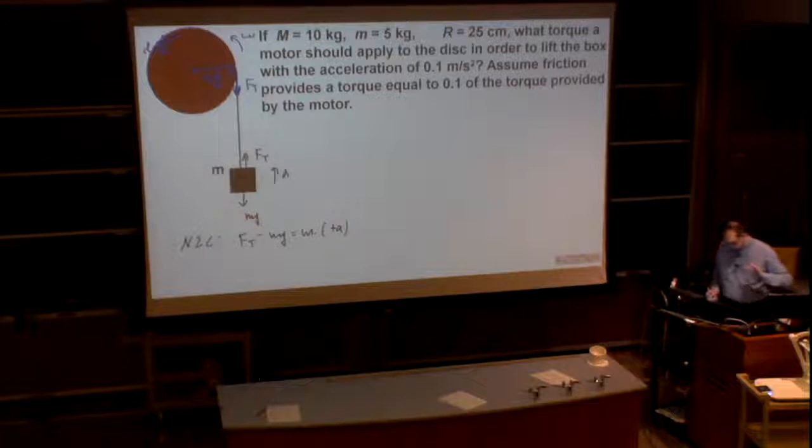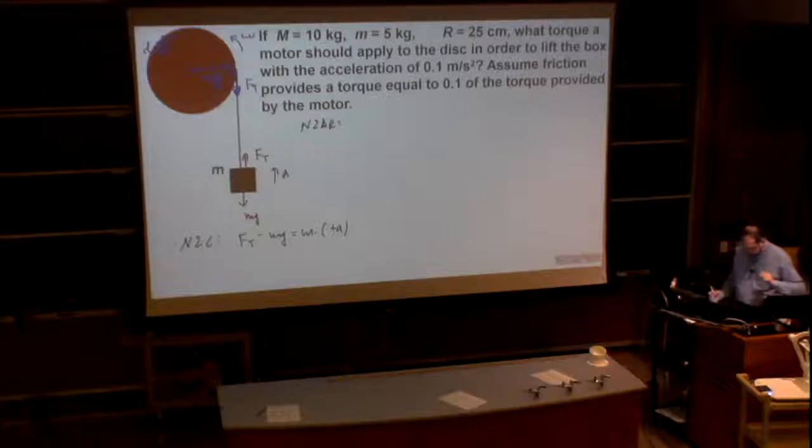Okay. Now Newton's second law for rotation for the disk. Counterclockwise is positive. So applied torque is positive. Friction provides a negative torque.